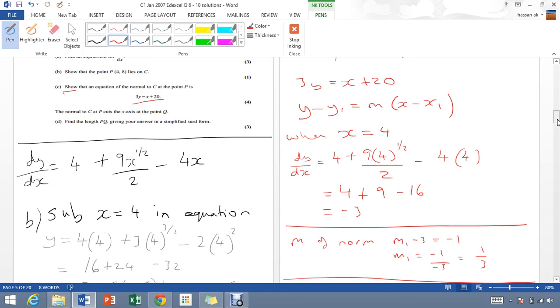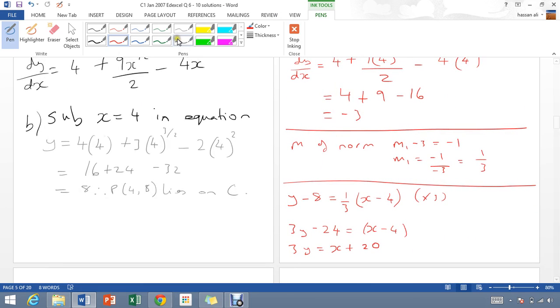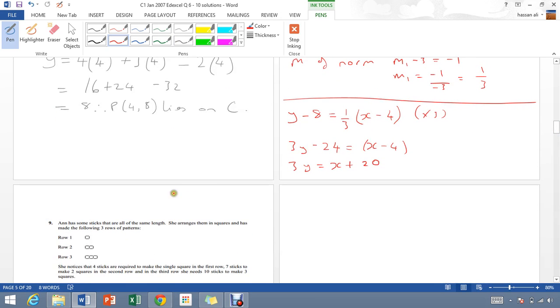Now, for part D, it's asking you to find the length of PQ, giving your answer in simplified surd form. Feel free to attempt this question and then come back and see whether you found the answer.